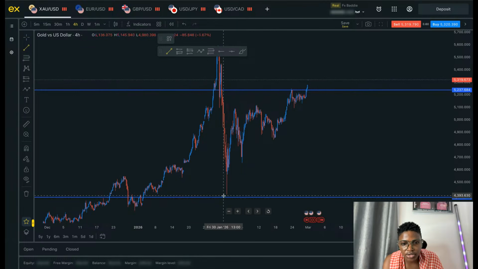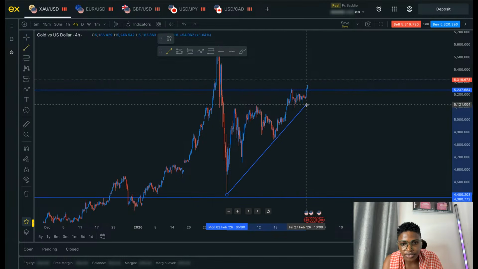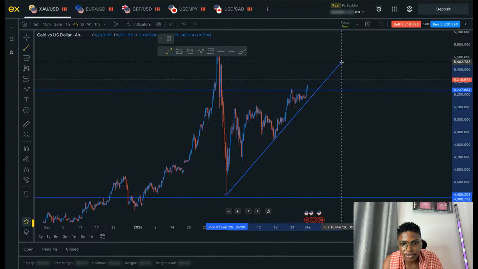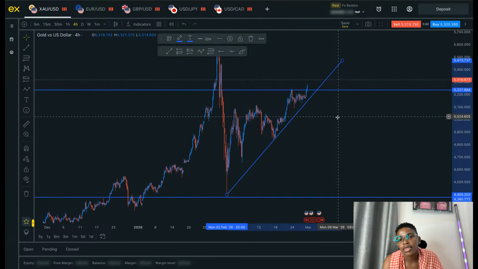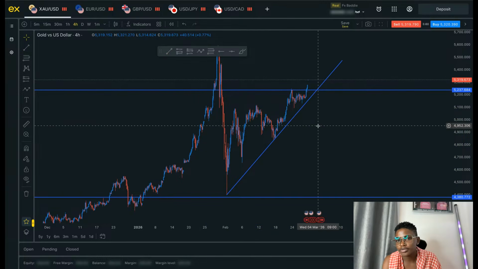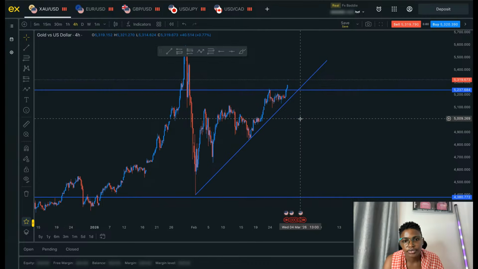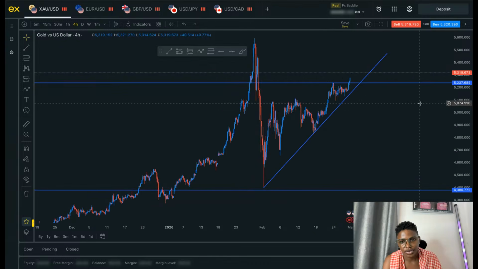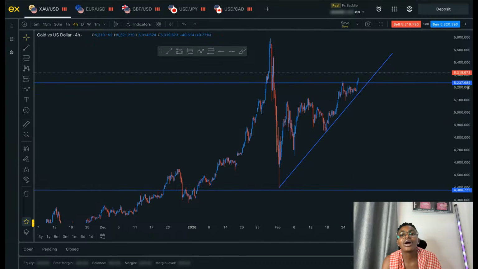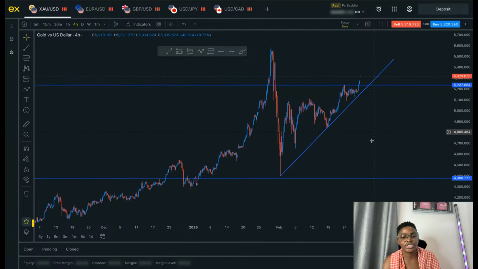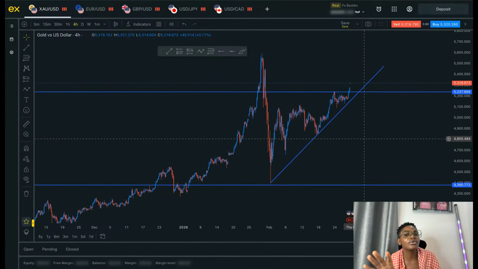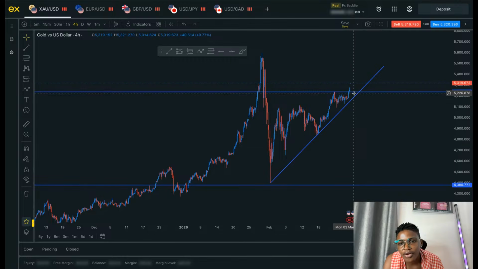If you want to draw a trend line on these 4 hours, it will look like this. So the trend line looks like this. Our trend line is still giving us bullish, okay, uptrend, right?